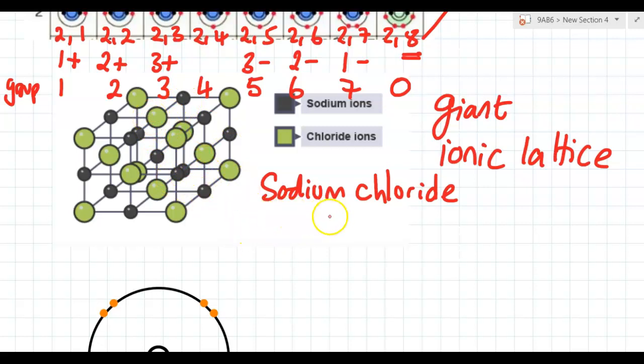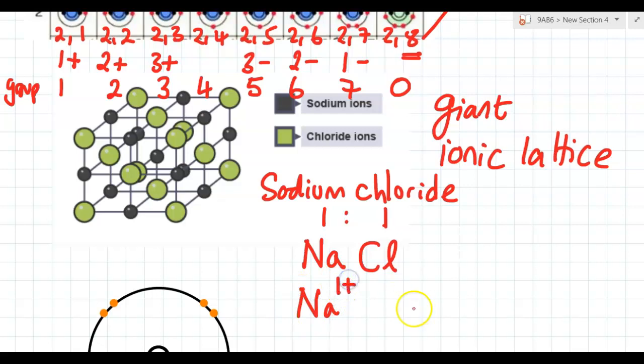Okay, there is a ratio of one of those to one of those. The formula is 1 sodium to 1 chlorine, and that is because sodium ions are 1 plus and chloride ions are 1 minus. Okay, so a ratio of 1 to 1 cancels them out.